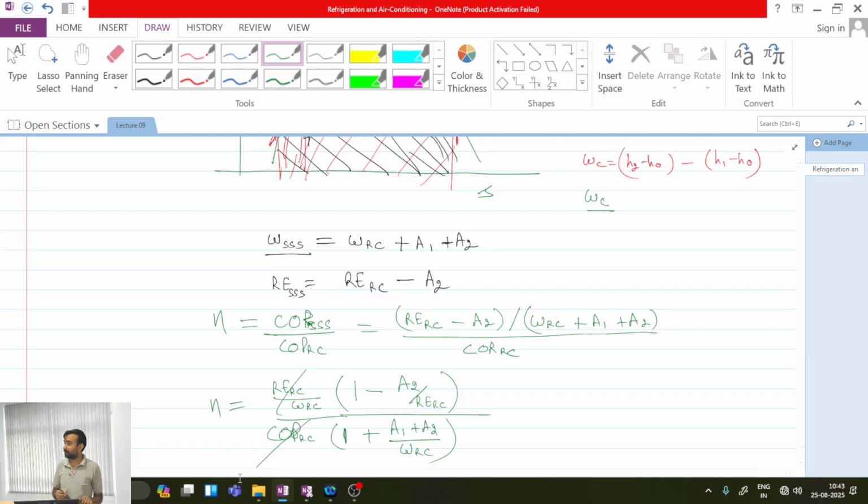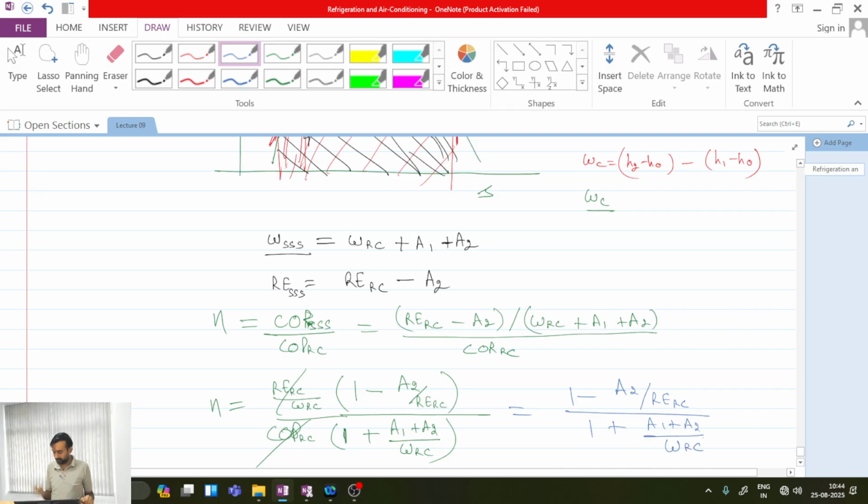This will be cancelling out. So ultimately you can calculate that your efficiency is nothing but 1 minus A2 divided by refrigeration effect of reverse Carnot divided by 1 plus A1 plus A2 by W of RC.